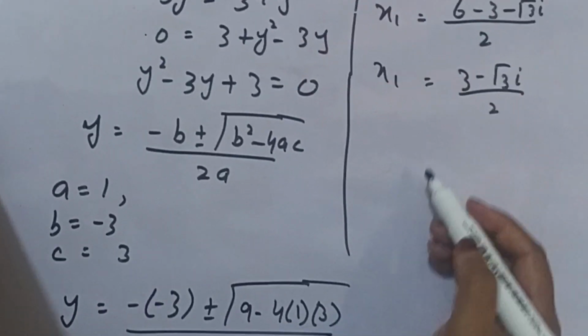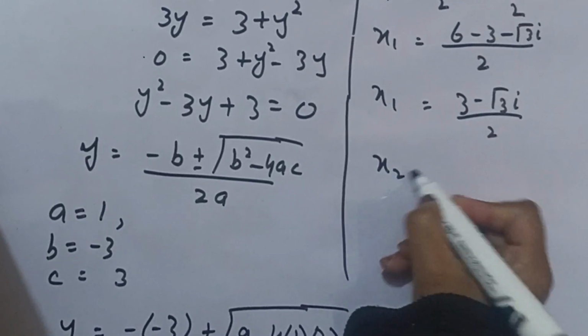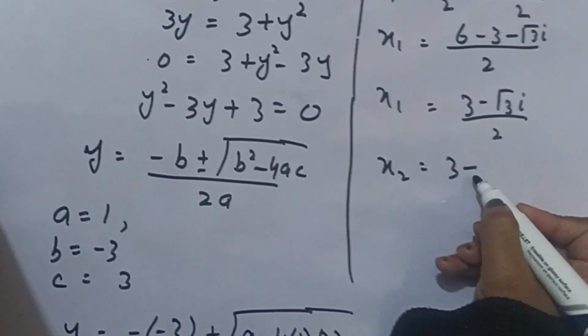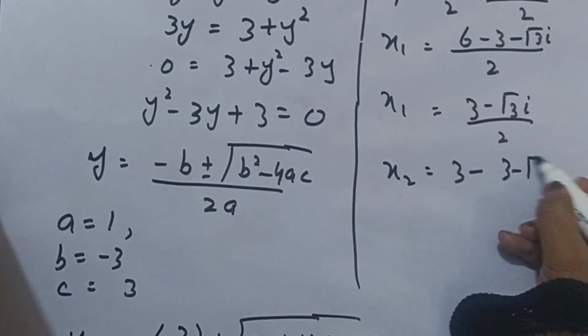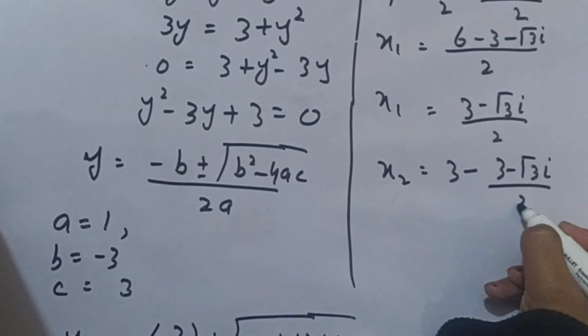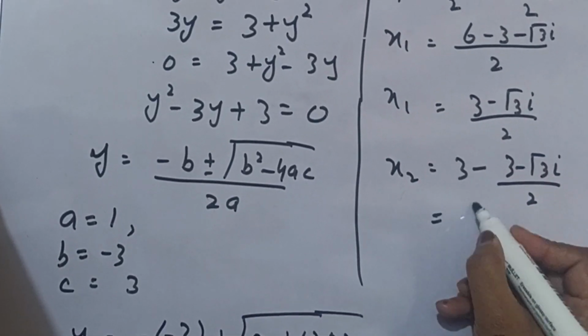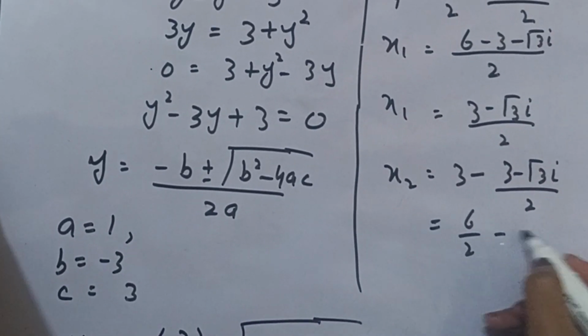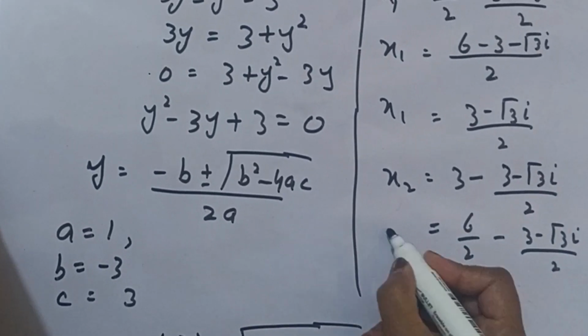Now we find the value of x2. So we have x2 equal to 3 minus, now we take the second value of y, which is 3 minus square root 3 iota over 2. So we write 3 as 6 over 2 minus 3 minus square root 3 iota over 2.